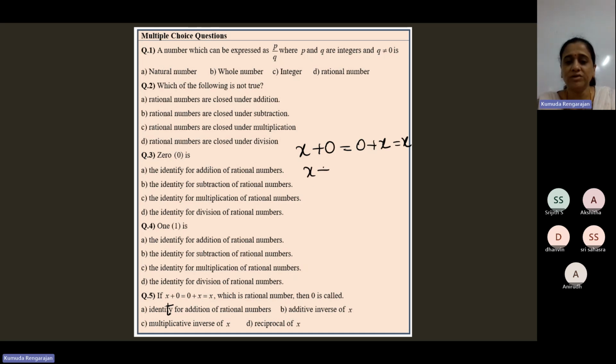That is x plus 0 is x, 0 plus x is also x. Same answer, identical answer. So additive identity, or identity for addition of rational numbers.